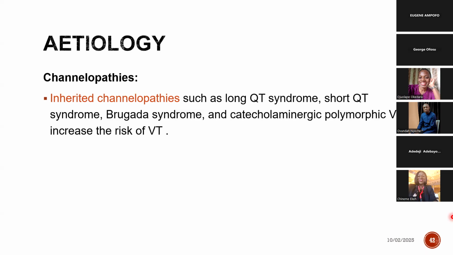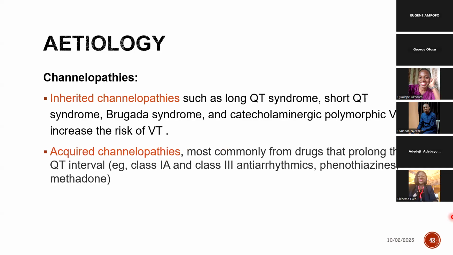Channelopathies are also causes of VTs, and inherited channelopathies such as long QT syndrome, short QT syndrome, Brugada, and catecholaminergic polymorphic VT all increase one's risk of developing a VT.